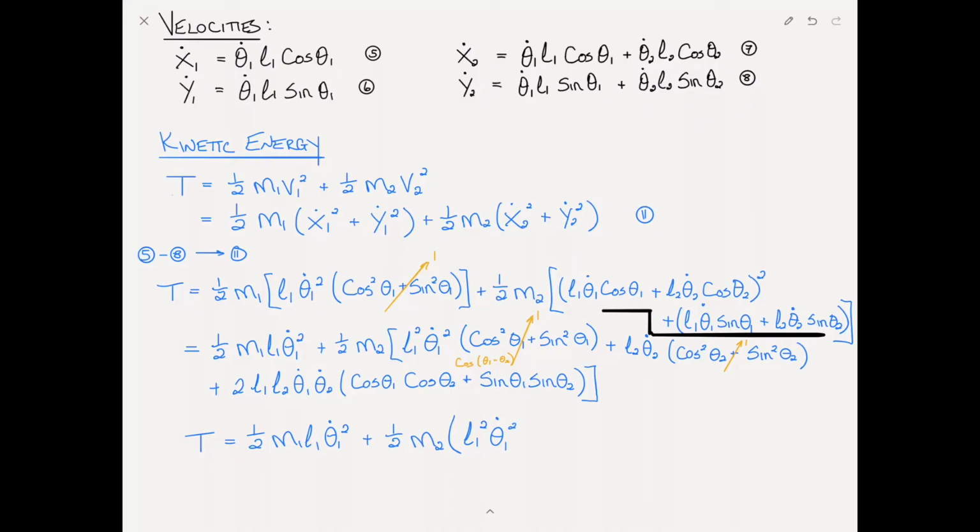And I left out my squared here, I'm just realizing. This should be squared. And this should be squared. Notice that, please. I left out my squared before.